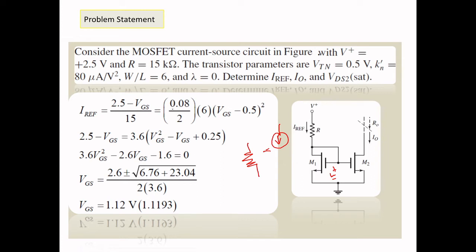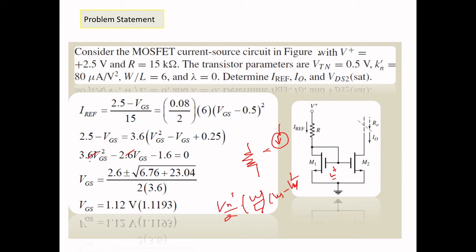Another formula is Kn dash by 2 W by L, that is (VGS minus VTN) whole square. They substituted here, and it is very simple. They found it by quadratic equation: 3.6 VGS square minus 2.6 VGS minus 1.6.